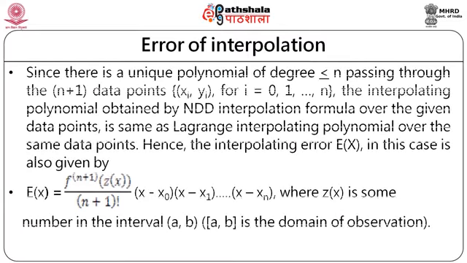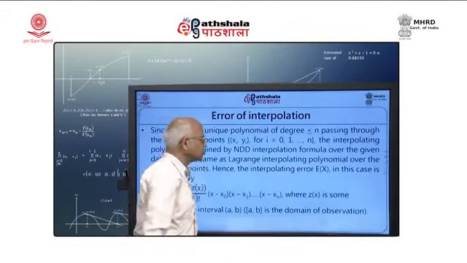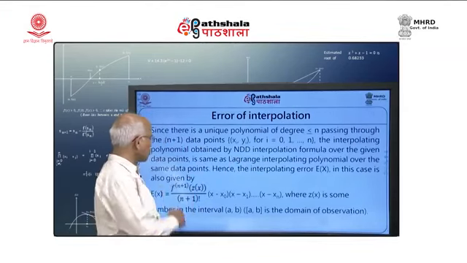Now, we compute the error of interpolation. Since there is a unique polynomial of degree less than or equal to n passing through the n plus 1 data points x i, y i, i equal to 0 up to n, the interpolating polynomial obtained by Newton's divided difference interpolation formula over the given data points is the same as the Lagrange's interpolating polynomial over the same data points.